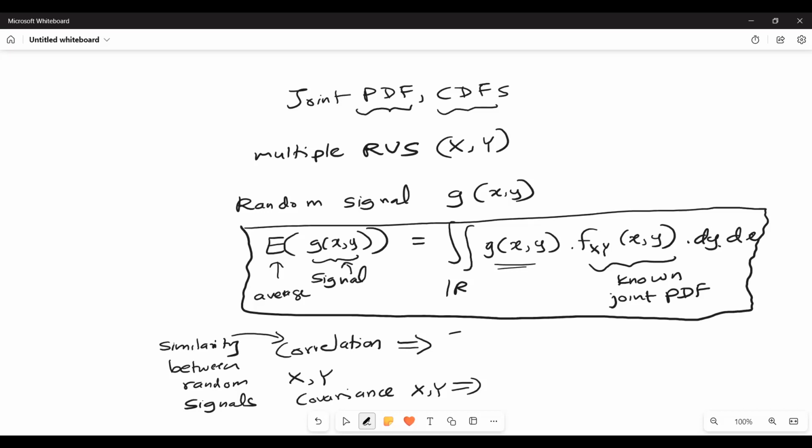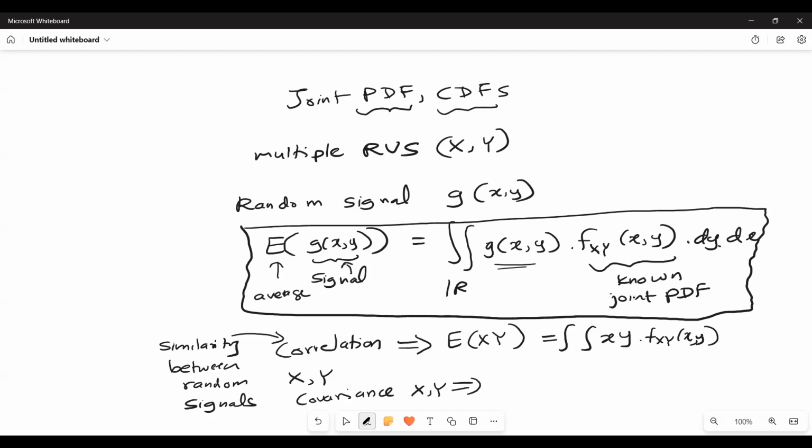So correlation, for example, we can define as E[XY], the correlation between X and Y variables. If I'm going to take the X and Y variables only, I'm going to find the correlation between X and Y variables as the integration of the function xy times f(X,Y)(x,y) inside brackets.